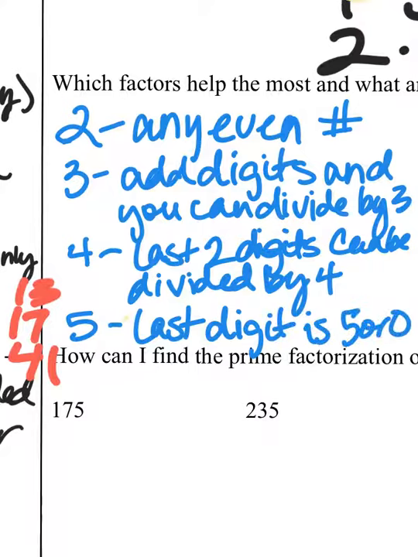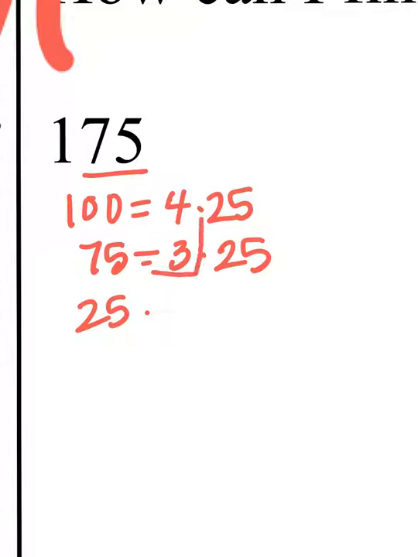So I think, how many quarters would it take me to get to $1.75? So 100 is 4 times 25, right? And 75 is 3 times 25. Okay? So I have 25 times, it took me 4 plus 3 to get there, so it's times 7.